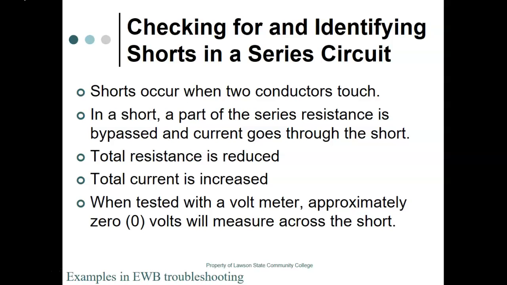Again, a short, think short circuit or think shortcut, right? You're going to go down the hard path or the shortcut? Everybody likes to go down the shortcut, right? So total resistance is reduced, total current is increased, and when tested with a voltmeter, approximately 0 volts will measure across that short. Okay?